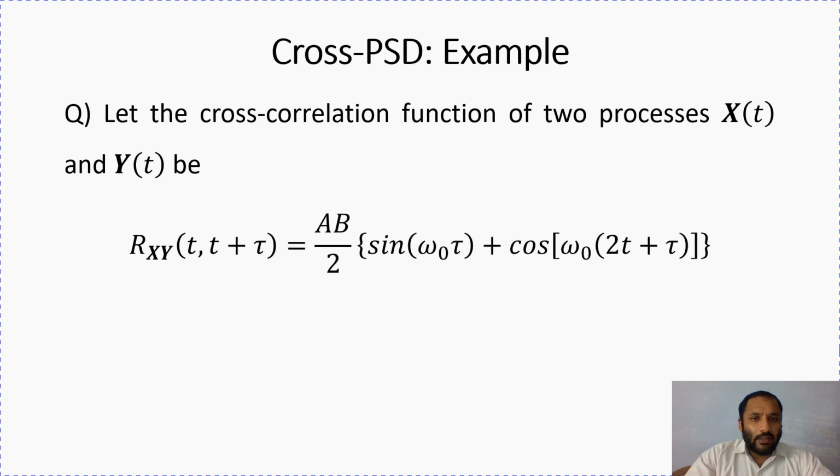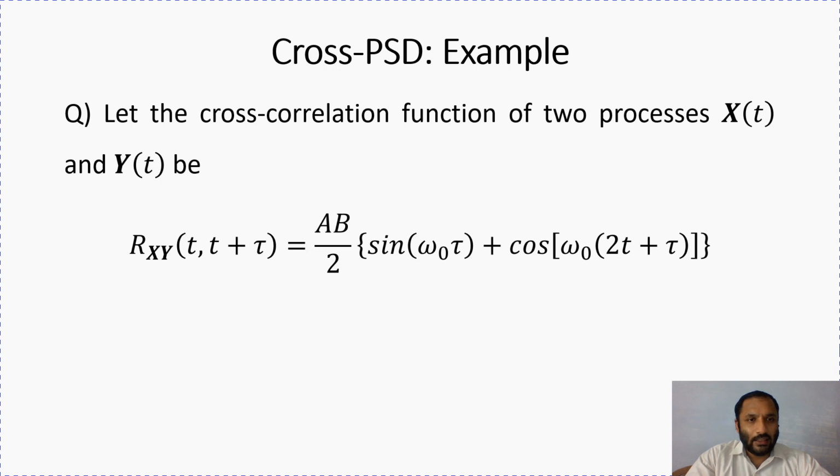Let's say it is given to us that this particular cross correlation function has this form. It is equal to AB by 2 [sin(omega naught tau) + cos(omega naught (2t + tau))].